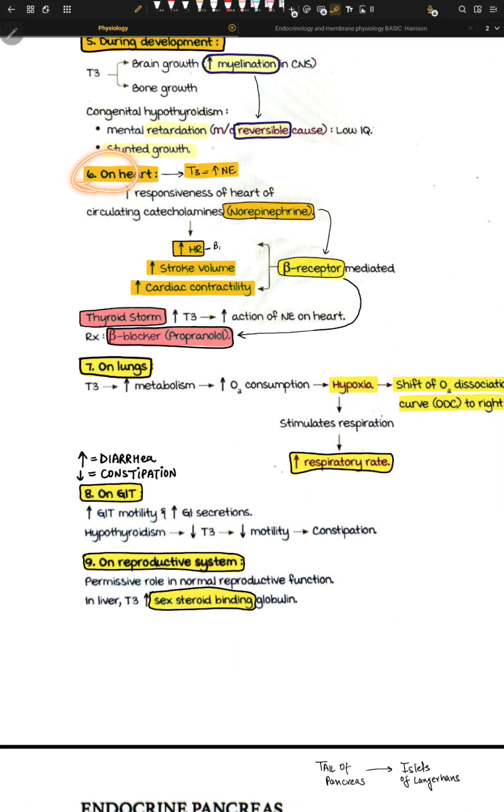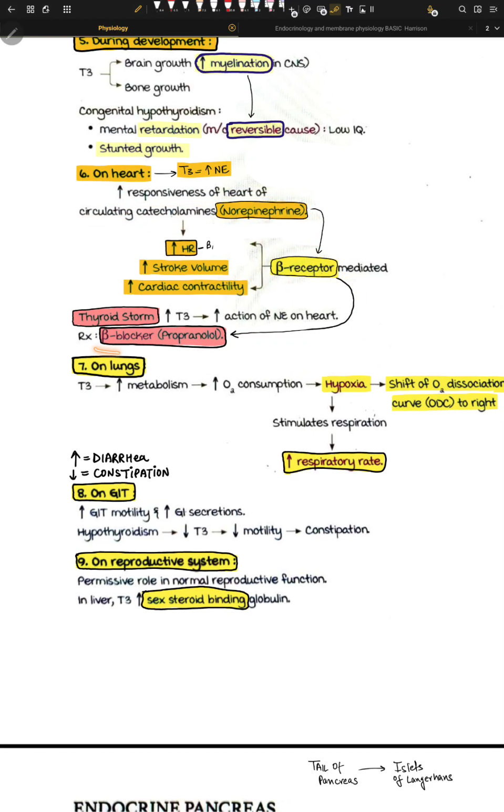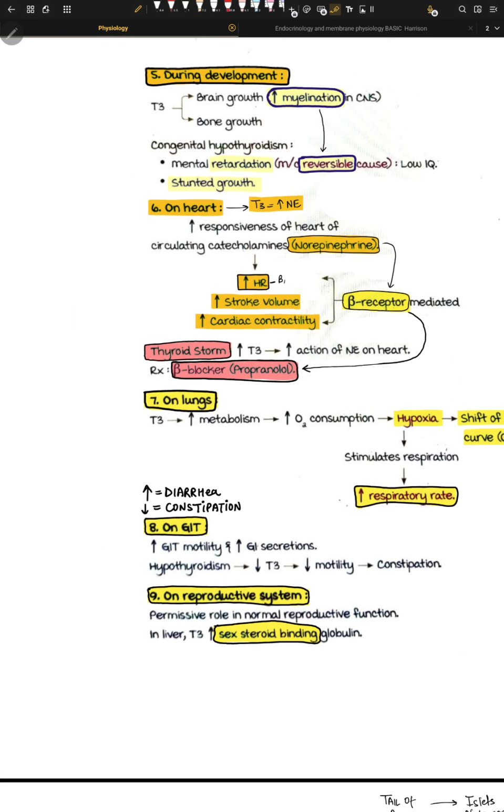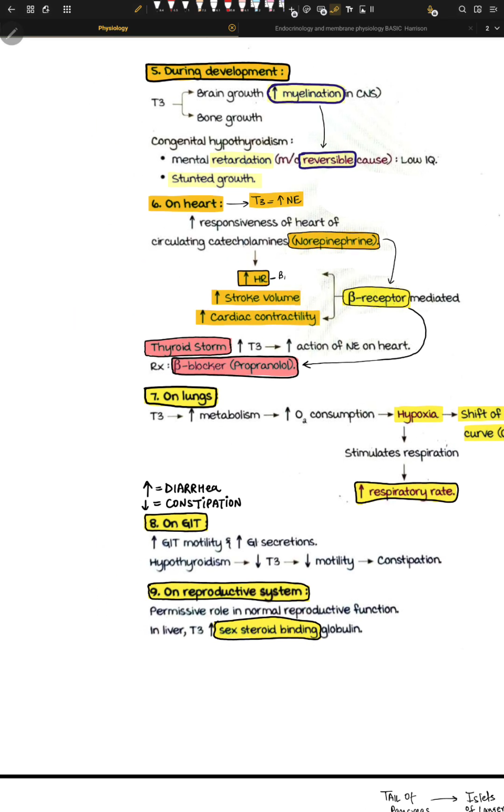On heart, T3 acts via increasing norepinephrine. Increasing responsiveness of heart to circulating catecholamines. Norepinephrine works via beta receptor, and this beta receptor can be stopped by beta blockers, propranolol. How? So it increases heart rate via beta 1 receptors, increases stroke volume.